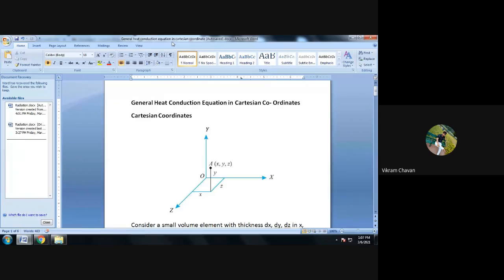In conduction, we have discussed Fourier's law of heat conduction, whereas in convection, we have discussed Newton's law of cooling, and in radiation we have discussed the Stefan Boltzmann law. Okay, so that will provide you the general idea about the subject. And we are going to discuss in detail these particular modes of heat transfer, each particular mode in detail.